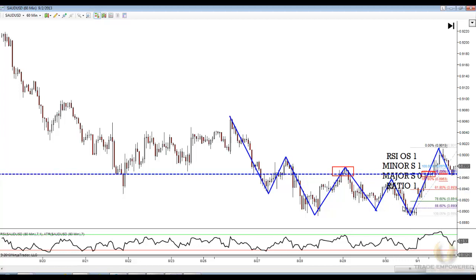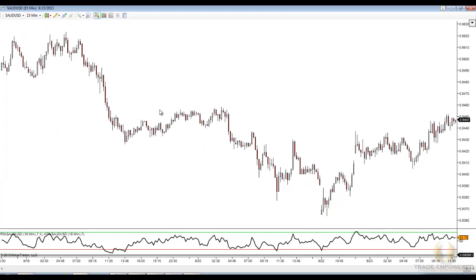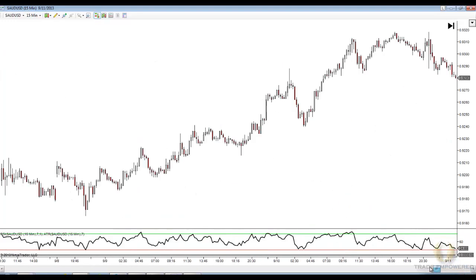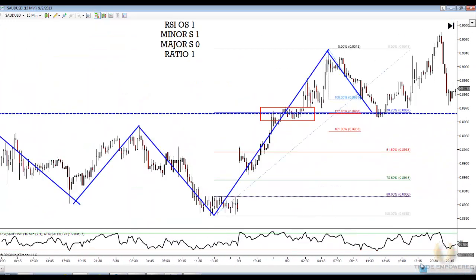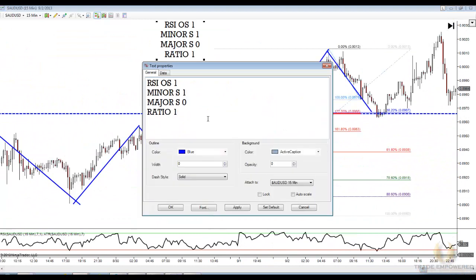We've just broken two major structure levels, one right here and one right there. So it's safe to say that we are indeed in a bullish rotation, which allows me to give myself another point for higher time frame confirmation. Hopefully that's the last time I have to zoom out, making myself dizzy going back and forth through these time frames. So higher time frame confirmation, 1 point.